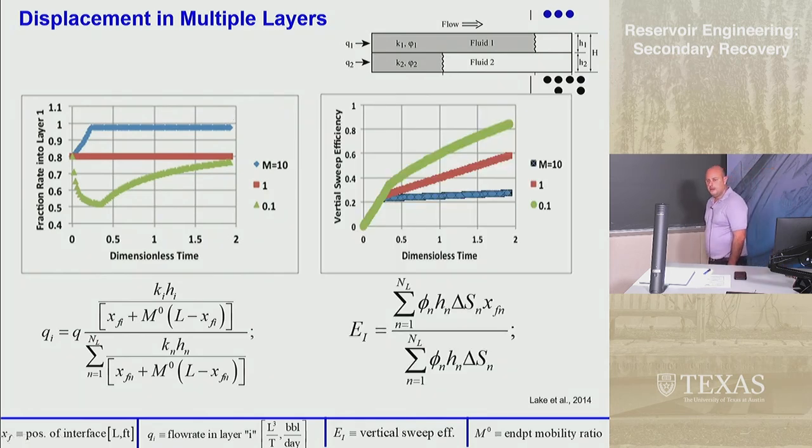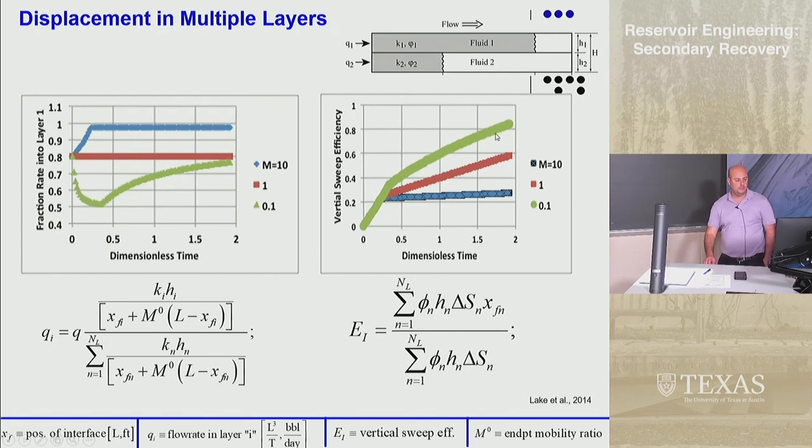Another plot we could make, I could have asked you to do this, is vertical sweep efficiency versus time, or dimensionless time. Now remember, we want a high vertical sweep efficiency, and not surprisingly, it's the highest when the mobility ratio is low, right?